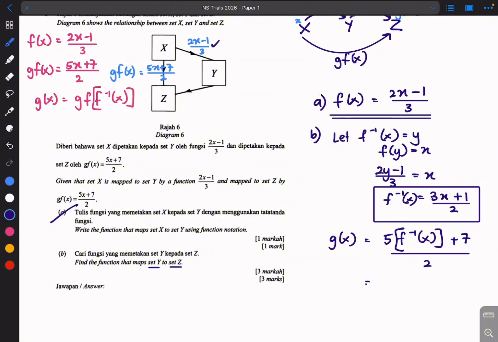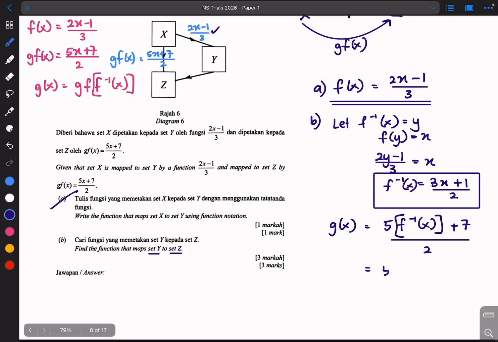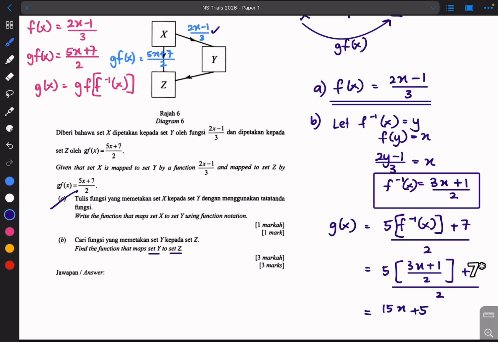So f inverse is 3x plus 1 over 2. So from here we expand, we get 15x plus 5 over 2 plus 7, whole thing divided by 2.